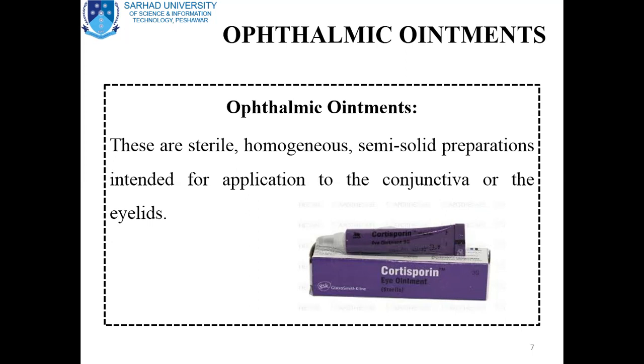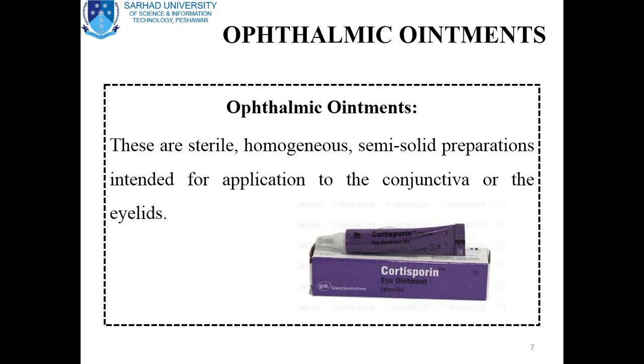Now let's consider the topic that is ophthalmic ointment. That is one of the ophthalmic preparations, and these are sterile, should be free from viable microorganisms, and should be homogeneous. As you know, ointment is a semi-solid preparation, as I have told you in the semi-solid dosage form, including the paste as well.